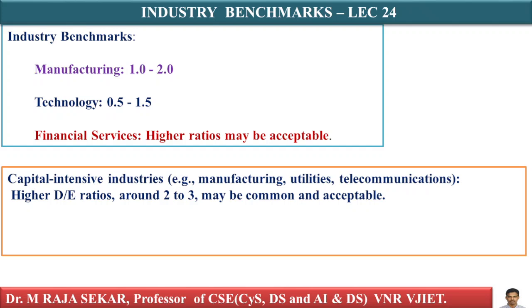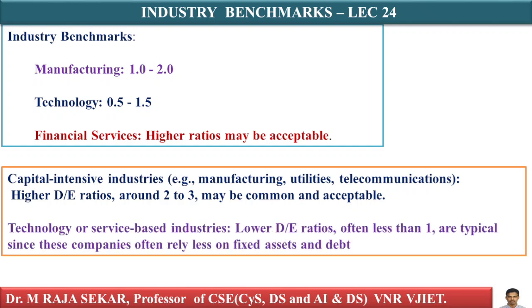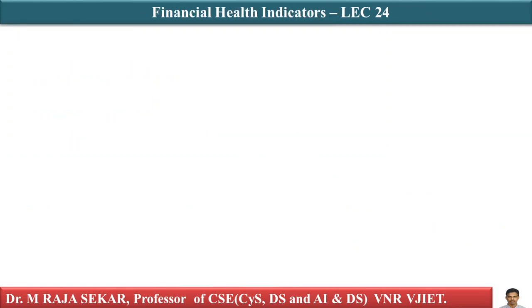Actually, this you can understand: capital intensive industries, capital intensive in the sense manufacturing, utilities, telecommunication. I request you to go through these two points. What happens in the case of capital intensive industries, and another one is technology or service based industries, lower D by E ratios, isn't it?